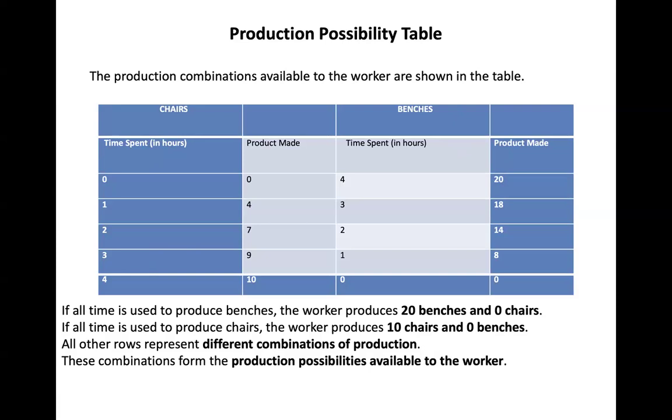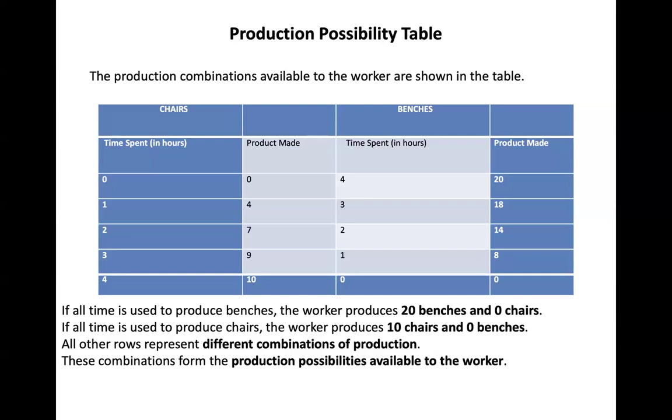My question is, when you were explaining, you mentioned the company using 4 hours. They use 1 hour to produce 4 chairs and then 18 benches, but the 3 was ignored. I just wanted a little bit of clarity on this.